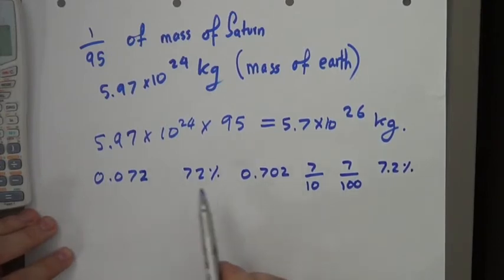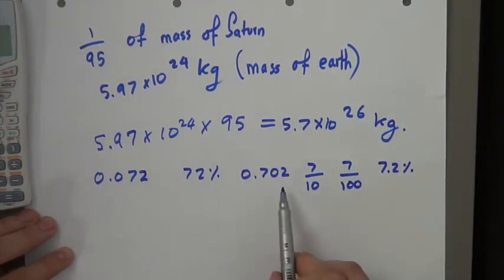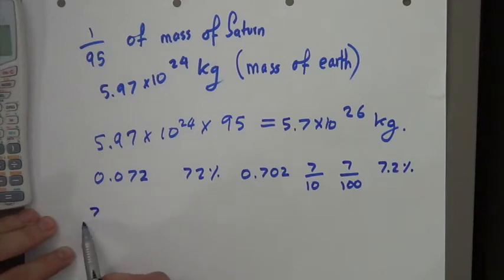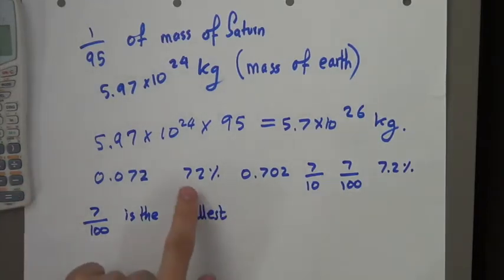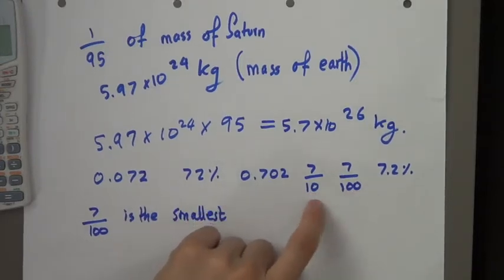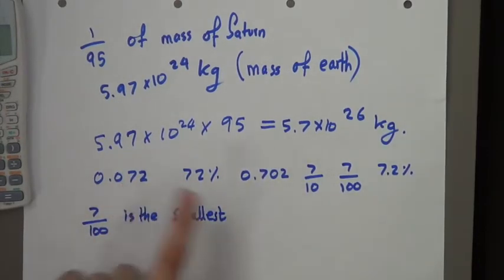Well, if you actually converted this into a fraction, or converted this into a decimal and these into a decimal, you would actually find that 7 out of 100 is the smallest. Okay. And again, to convert this into a decimal, we just divide this by 100. To convert this into a decimal, just type it in your calculator, and actually this is the smallest of them two, even smaller than these two. Okay.